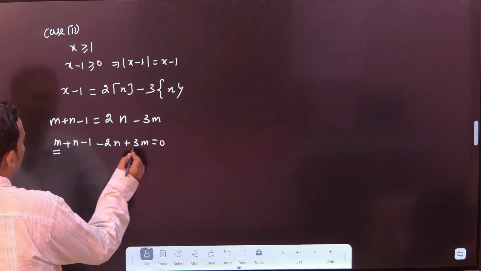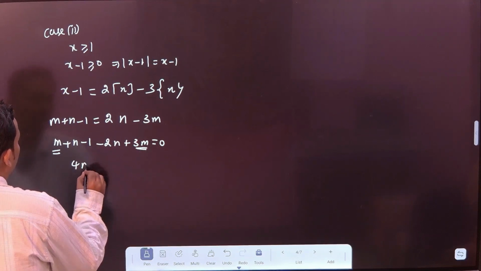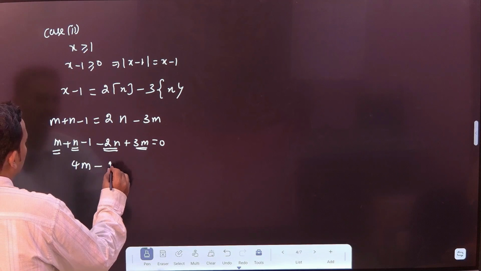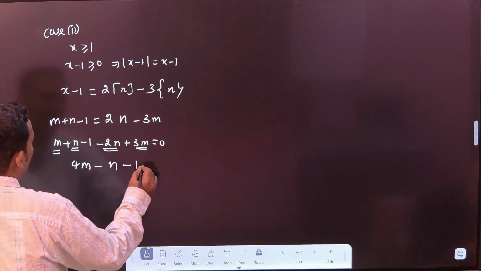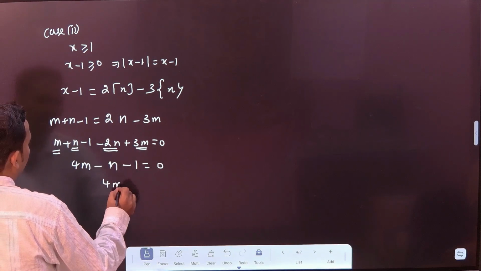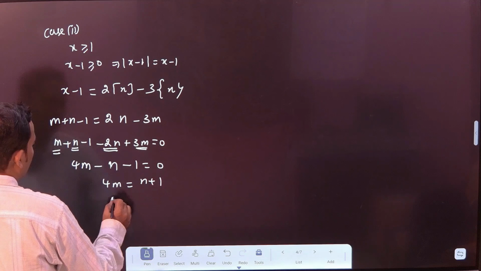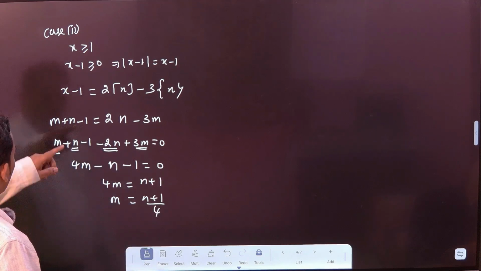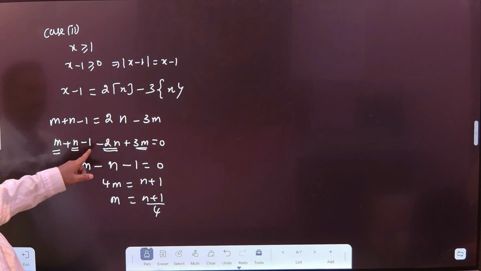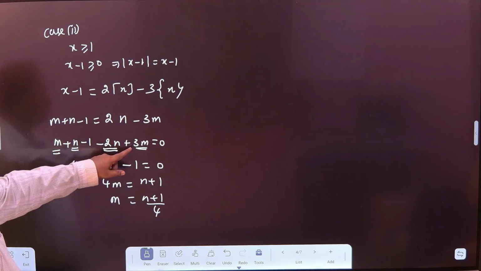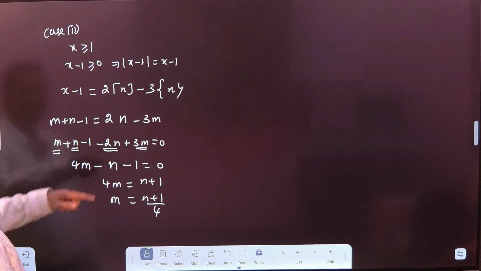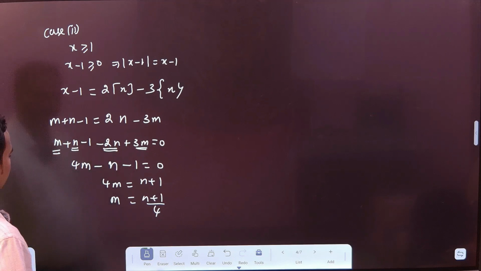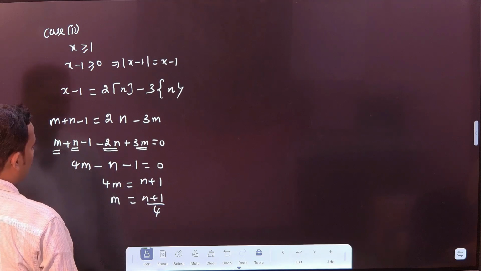So m here is 4m, and n here is minus 2n plus n, minus n, minus 1 equal to 0. Therefore, 4m is equal to n plus 1. So m is equal to (n plus 1) by 4. Check it once. m plus 3m is 4m, and n minus 2n is minus n. So minus 1, yes. You send it to the right side.